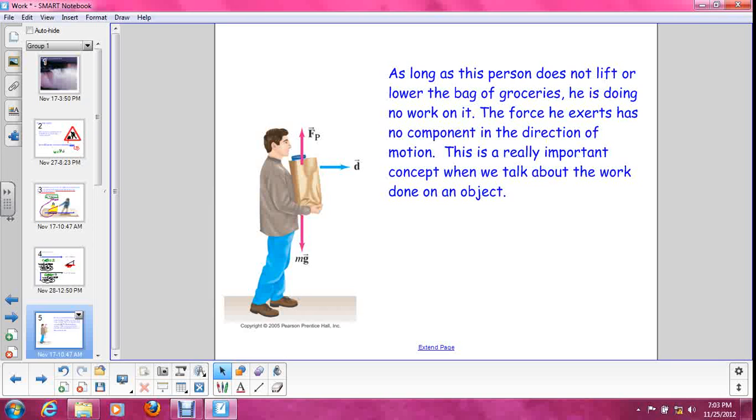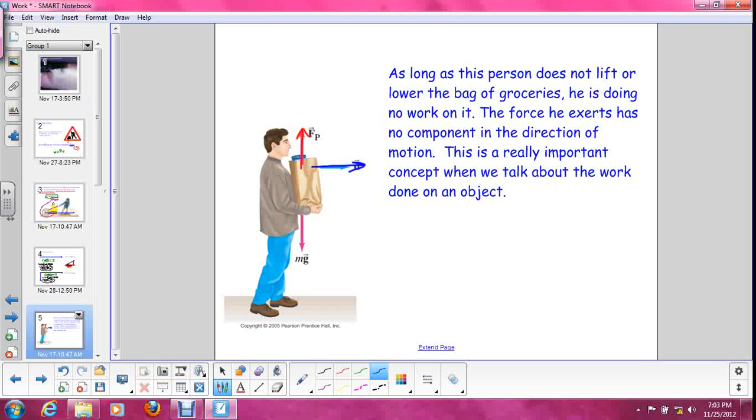So for example, this guy is carrying a bag of groceries. Gravity is trying to pull that bag of groceries to the ground, and hopefully he doesn't have any eggs in there, and hopefully gravity doesn't win. And he has to apply a force upward to counteract gravity. So he is applying a force to this grocery bag, but he is moving to the right.